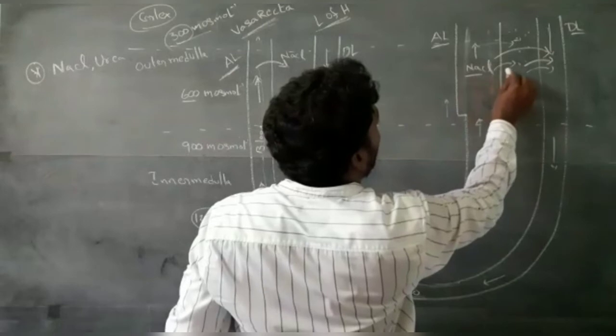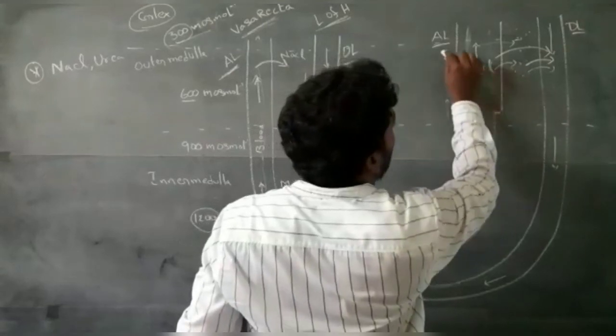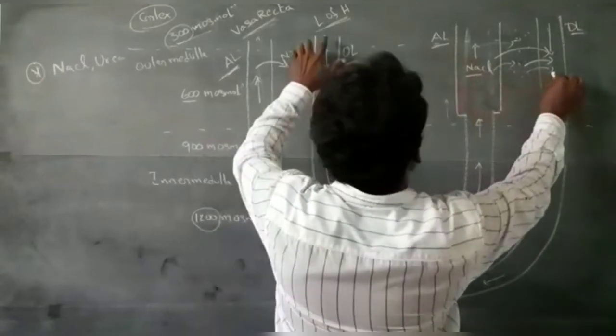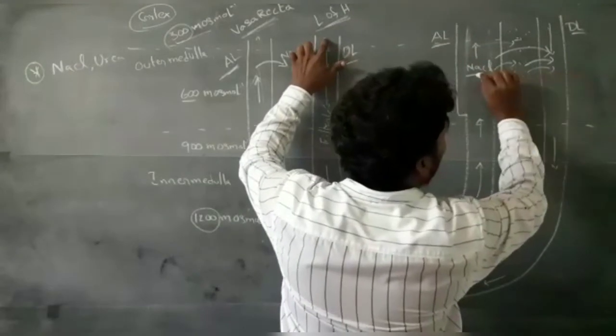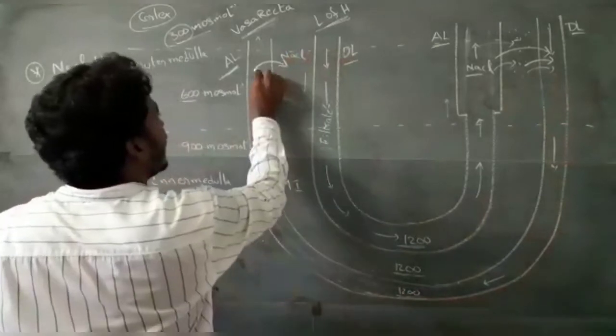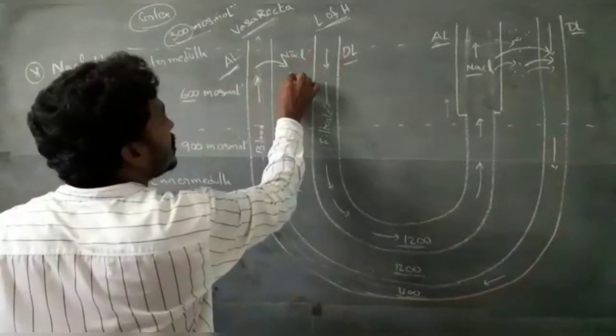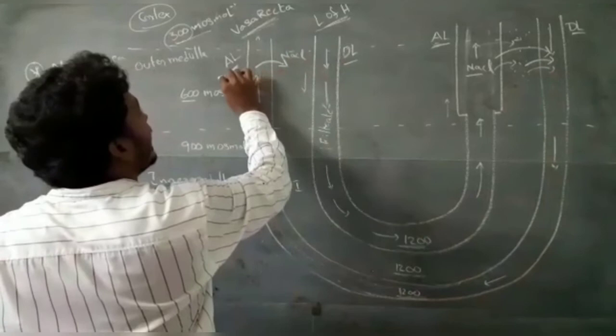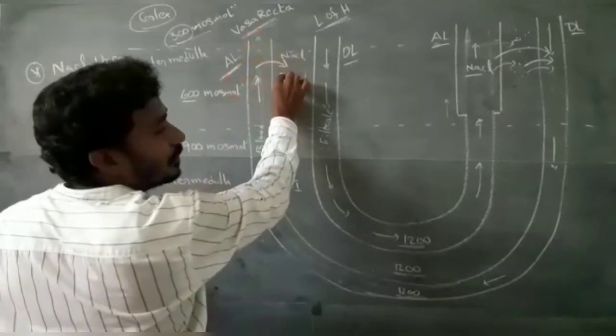Sodium chloride enters into the descending limb of the loop of Henle, and this sodium chloride enters into the medullary interstitium in the ascending limb of the vasa recta.